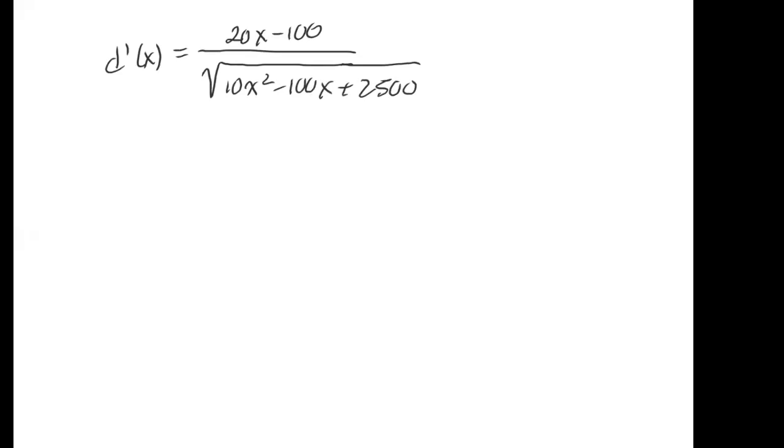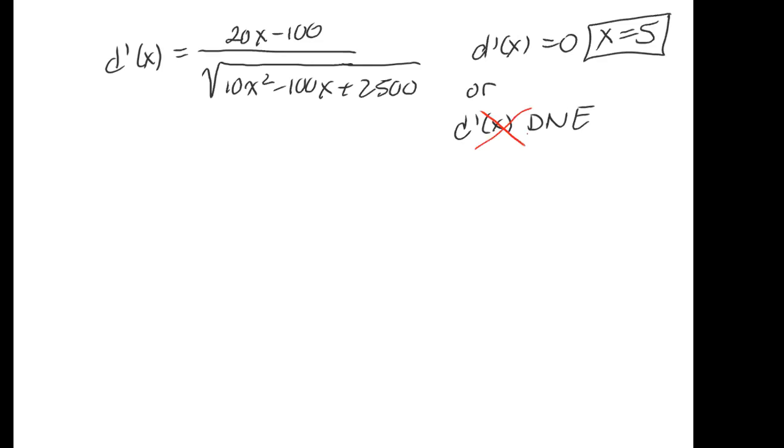And we just said, I'm looking for locations where that derivative d prime is equal to 0, or the derivative d prime does not exist. I don't get any for this criteria, but I did find that for that, if x is equal to 5, then I have a critical number.